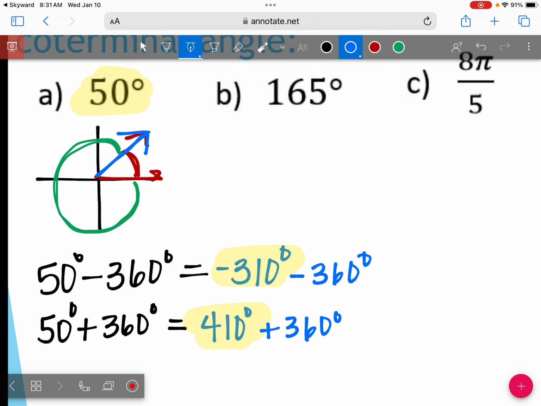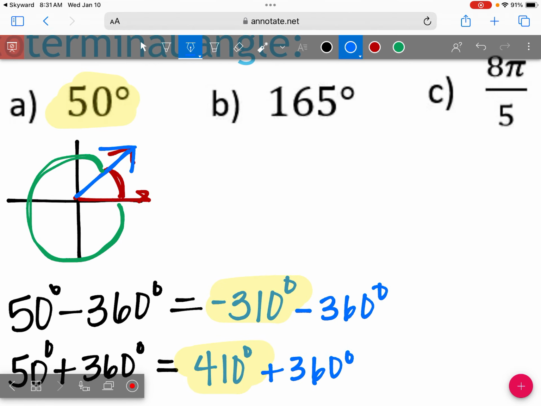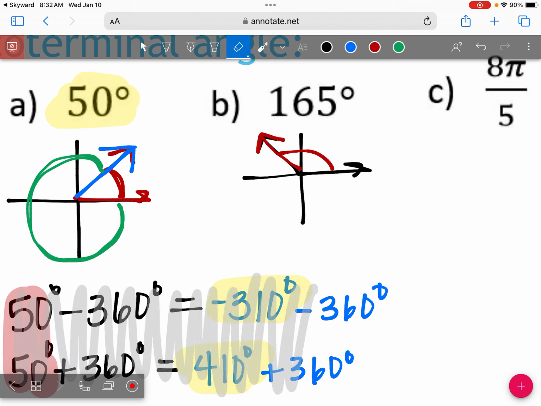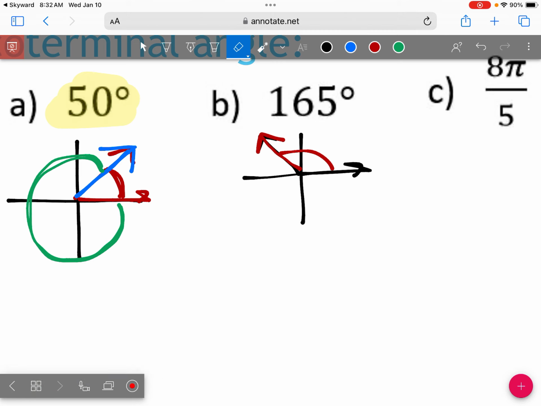Okay, let's go ahead and do question B. 165 would fall in quadrant 2. So we're going to take that 165.